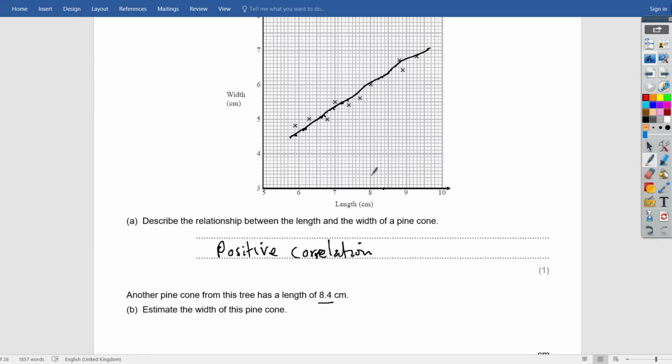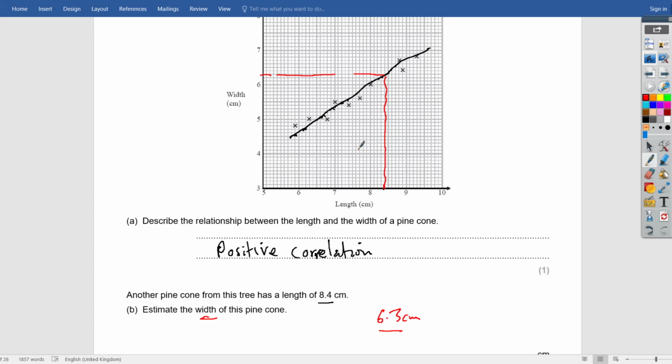We then use our ruler and draw a straight line that goes up to this, and show this in the exam. And if we then use that ruler and go all the way along the straight line, you can tell by approximation, we just need to estimate using our line of best fit. 6.3 centimeters will be a good estimate for the width of the pine cone.